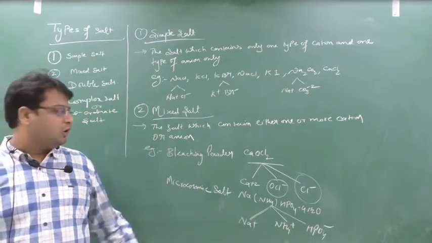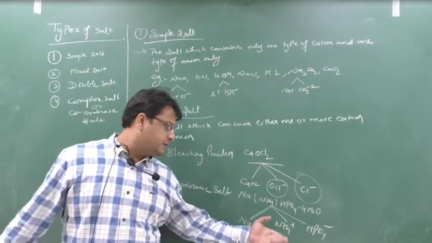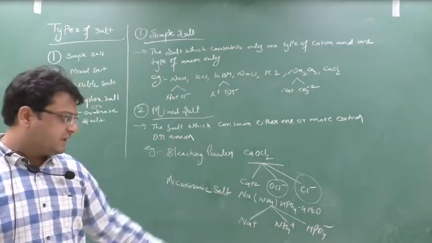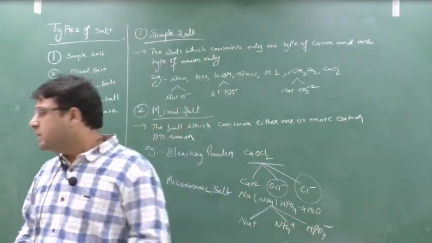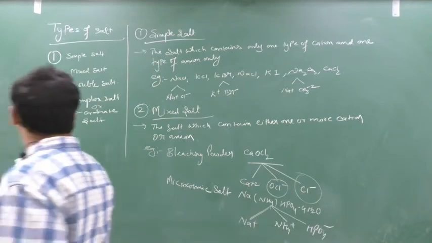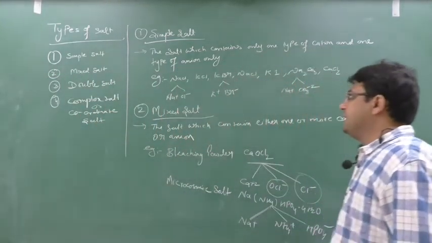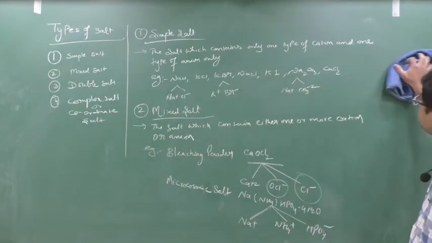It will form Na plus, NH4 plus and HPO4 minus, so there are two cations and only one anion. Clear? Now next we will go to the double salts.